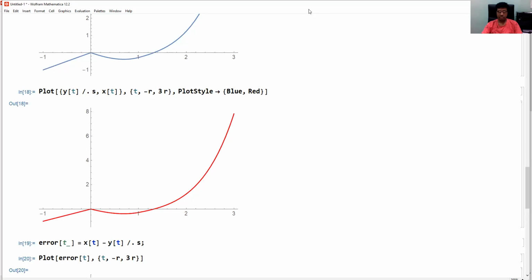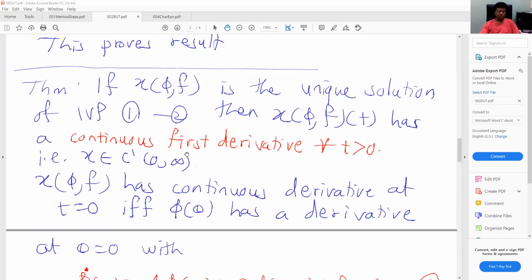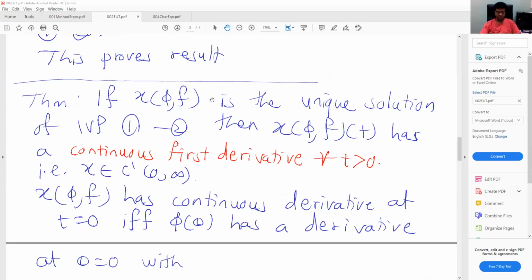Now let us see some theory. Okay, we have seen this result. That is, if we consider a non-homogeneous delay differential equation, then if we call this x of phi, f of t the unique solution, then this will be a C1 function, continuously differentiable, for all t greater than 0.